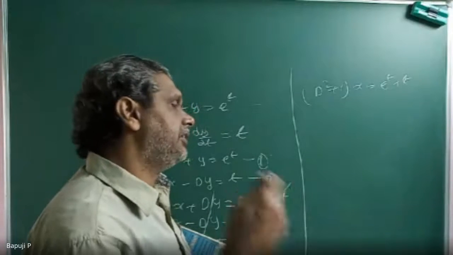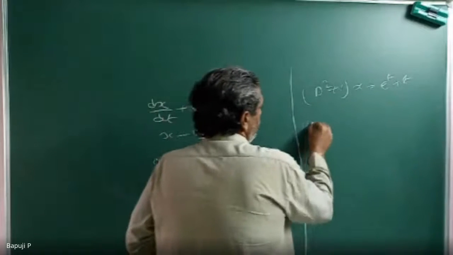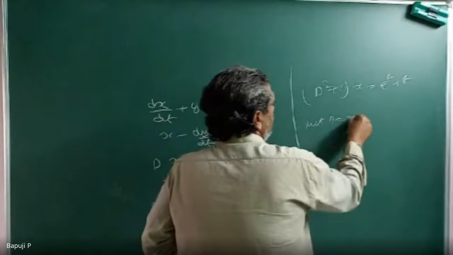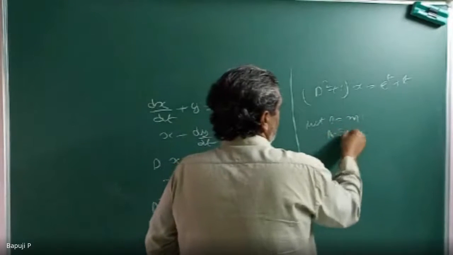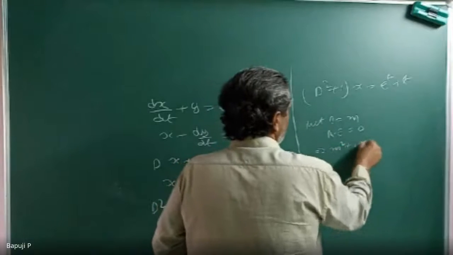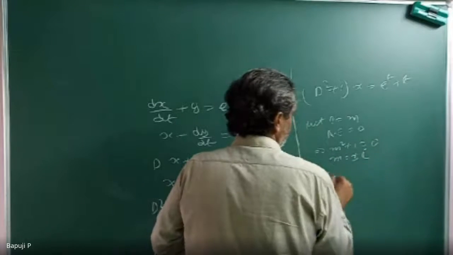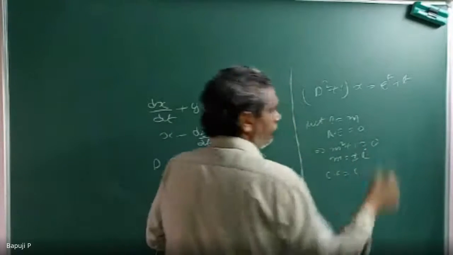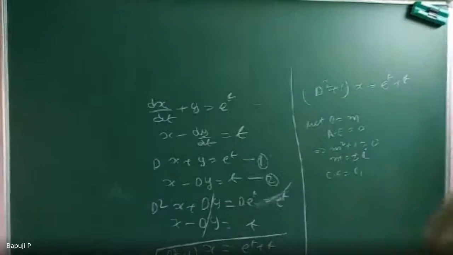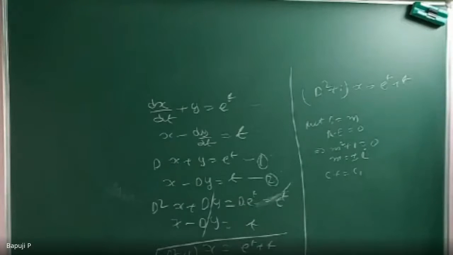Now here, t is equal to m. I will get the auxiliary equation equal to 0. So this is m square plus 1 is equal to 0, m is equal to plus or minus i. So CF is equal to what? C1 cos of t.